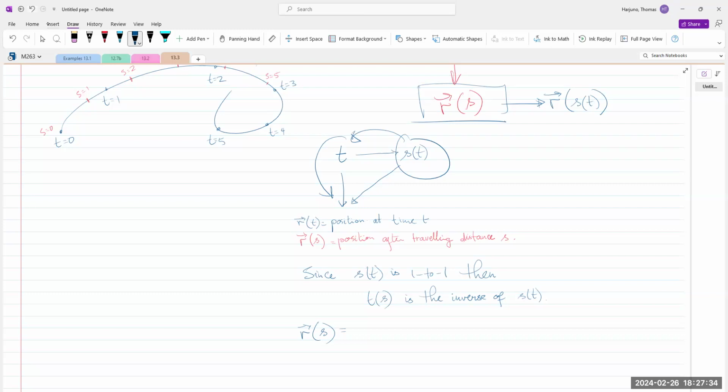So R(s) is basically, you will see later on, you bridge it, you need to find t as a function of s first. Okay, R(t) equals R(t(s)).